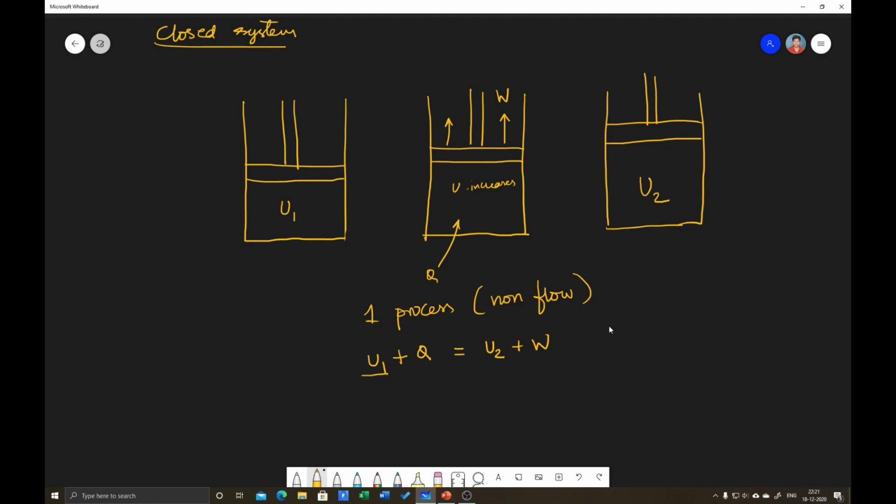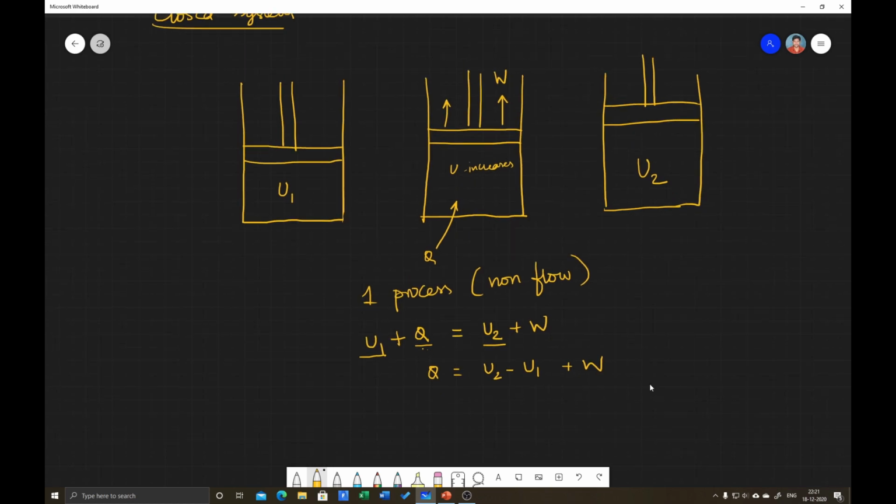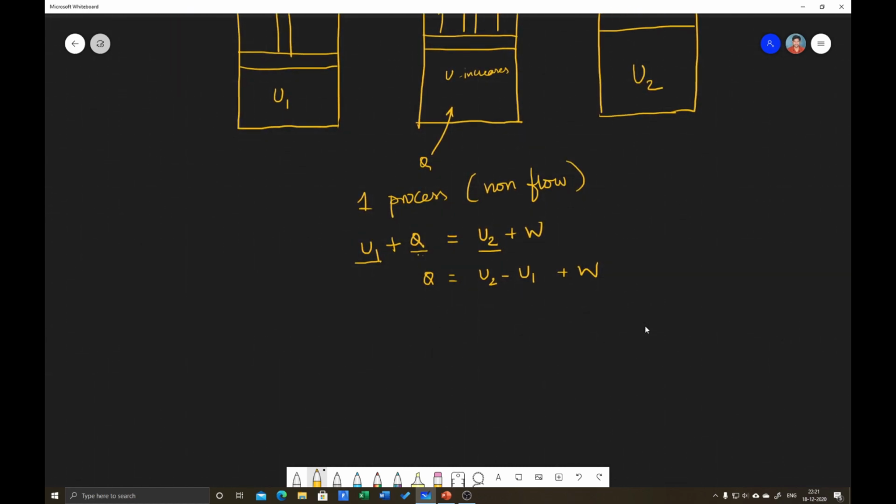This is the initial internal energy. This is the final internal energy. This is the heat supplied, so I am taking it as positive. This is the work done by the system, so this is also positive. So from this you can say Q is equal to U2 minus U1 plus W, or this can be written as Q1 to 2.